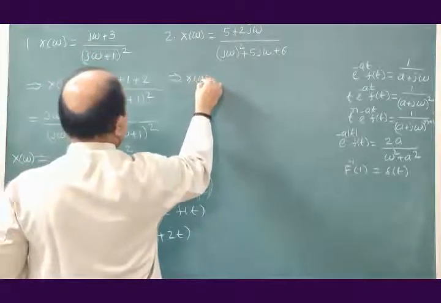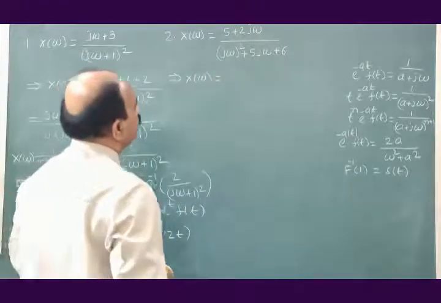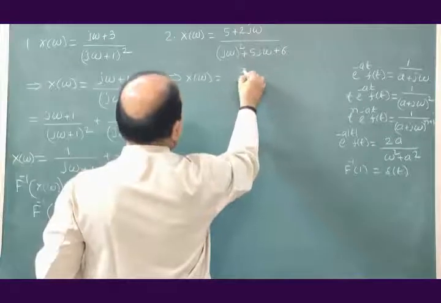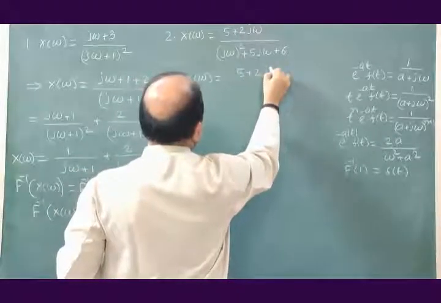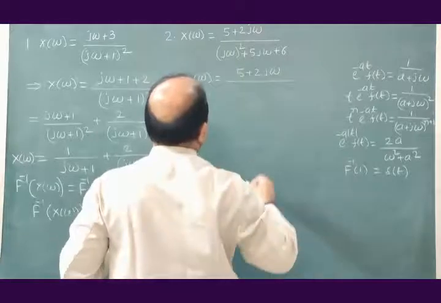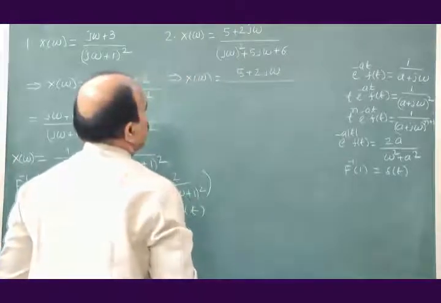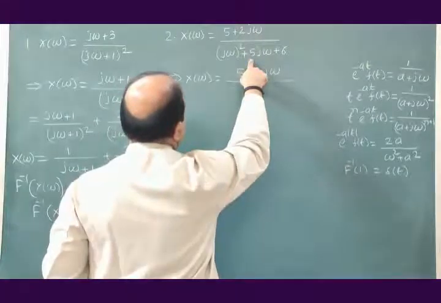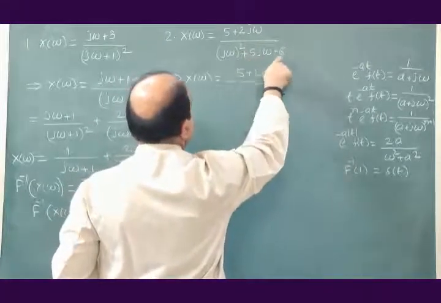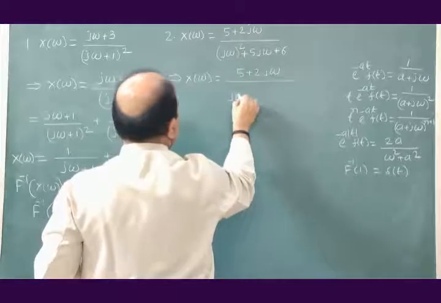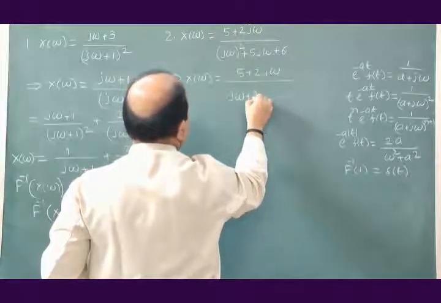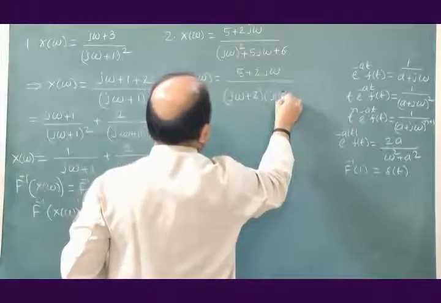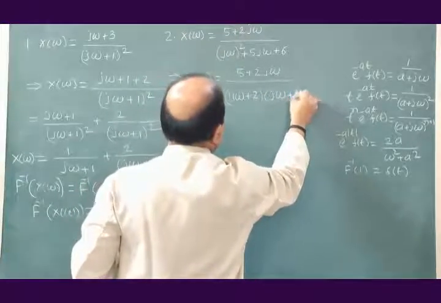Solution. This x of omega is equal to 5 plus 2j omega divided by, since the sum is 5 (2 plus 3) and the product is 6 (2 into 3), simply j omega plus 2 into j omega plus 3.